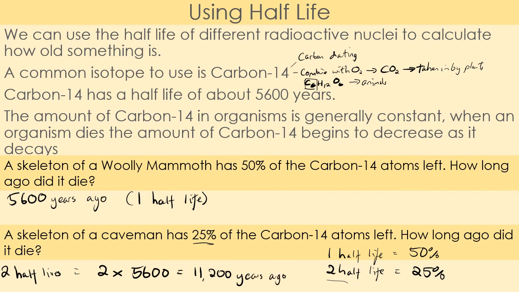And we can pretty accurately date a lot of things from a few years ago up until about 50,000 years ago using carbon dating, so radioactive carbon dating, by looking at half-lives.